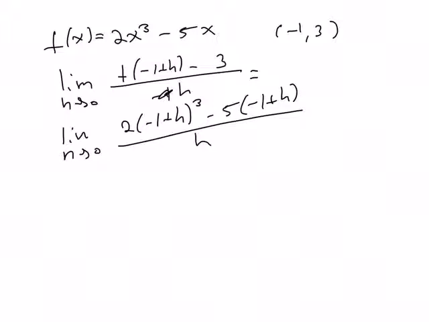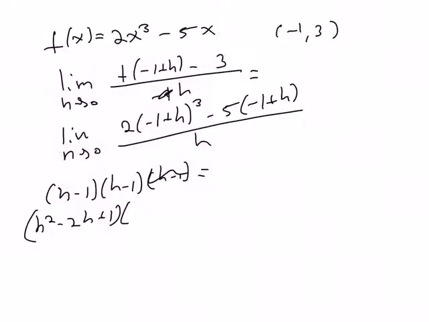So we have h minus 1 times h minus 1 times h minus 1. First this is equal to h squared minus 2h plus 1 multiplying by h minus 1. We get h to the third minus 2h squared plus h minus h squared plus 2h minus 1. So that's what we have on top.